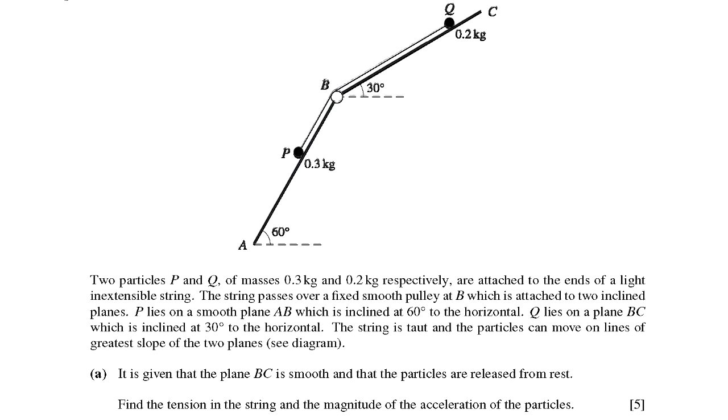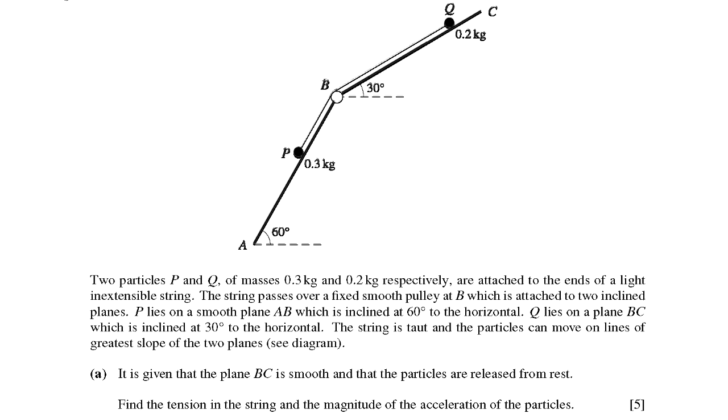Okay, question 6. Let's not panic. Let's try and spend some time understanding what's happening here, because that will be extremely helpful. Two particles P and Q of masses 0.3 and 0.2, they're on the diagram, are attached to the ends of a light inextensible string. The string passes over a smooth pulley at B, which is attached to 2 inclined planes.